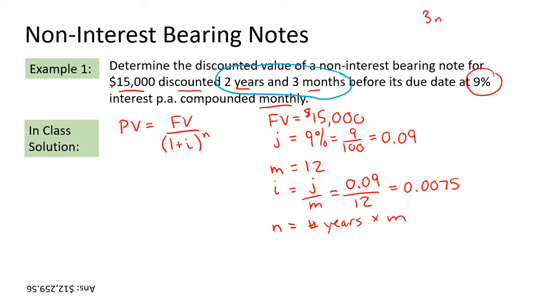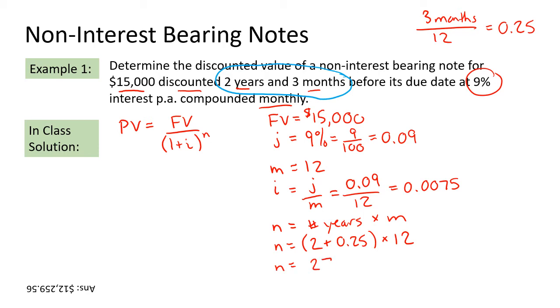So we have 3 months, and that is divided by 12 because there's 12 months in a year, and you get 0.25. So your value for N is then equal to 2 because there's 2 years plus that 0.25, for the 3 months. And that's multiplied by the number of compounding periods per year, which is 12. And if you calculate that out, you get a total number of compounding periods of 27.